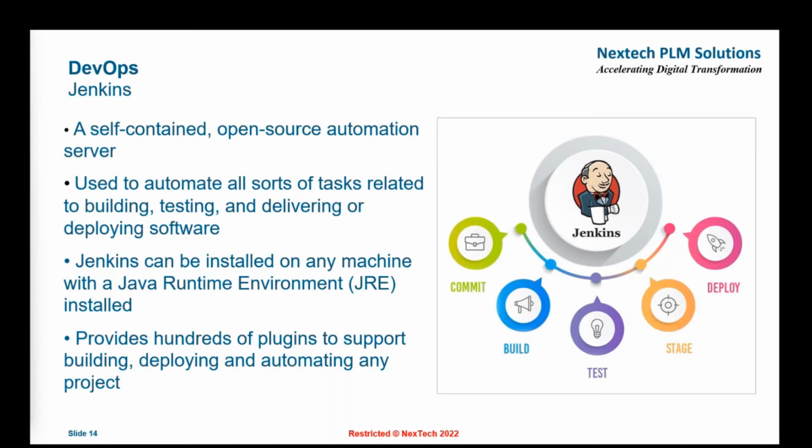In simple language, I assume some of you, or most of you, are from a development background. Building means whatever artifacts you have, whether it is code or something else, you compile that code, you build it, then you test, you perform the auto tests.